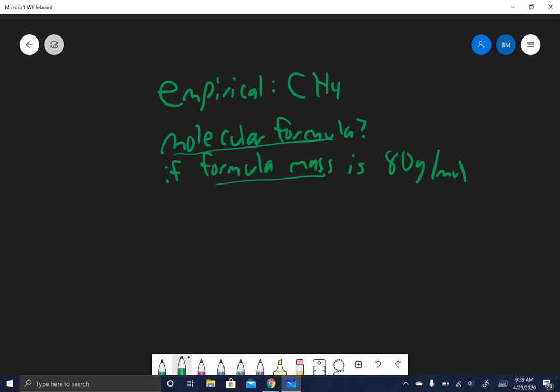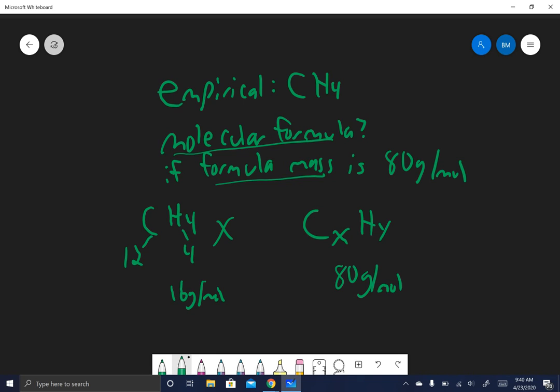We do the same thing we just did on the other problem. CH4: this is 12, this is 4, so that's 16 grams per mole. I want to know x and y. So I'm multiplying this by some whole number. How do I figure that out? This has a mass of 80 grams per mole, so I can divide these numbers, 80 by 16, I get 5.